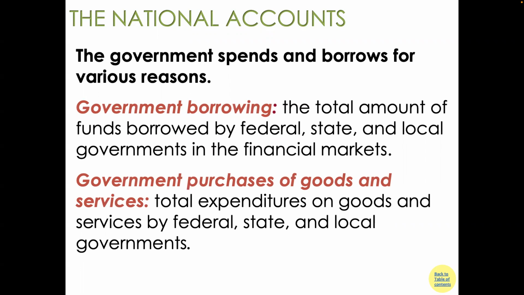What is government borrowing? Sometimes the tax revenue, which is considered the income of the government, is not sufficient to cover the spending. So the government needs to borrow, usually through the Treasury Department.